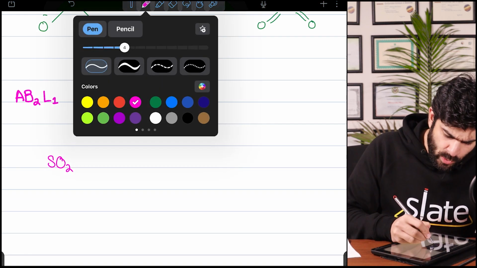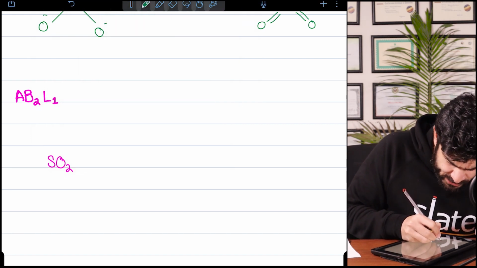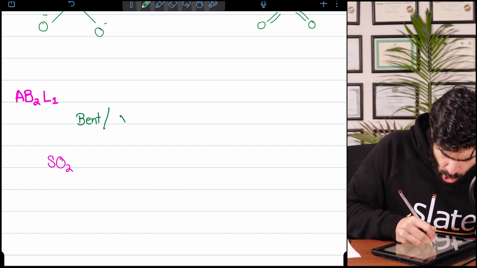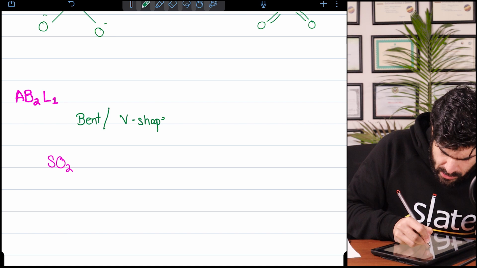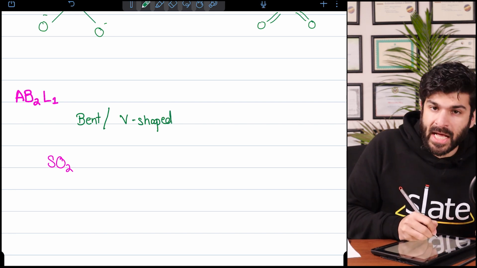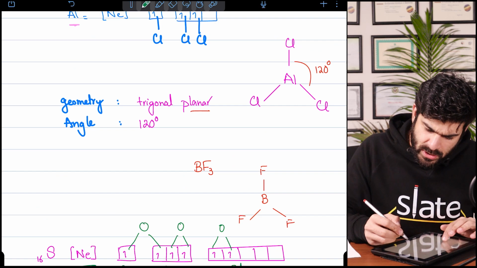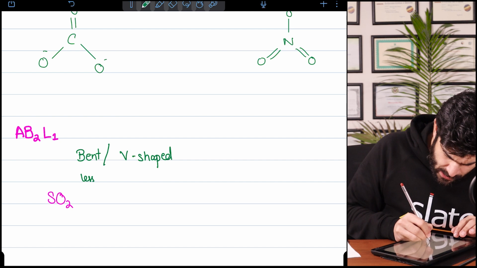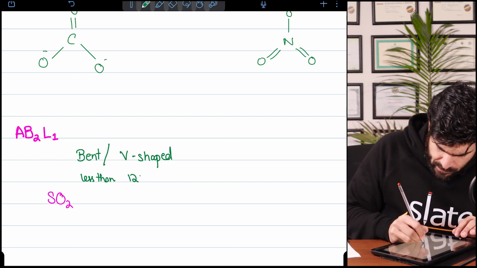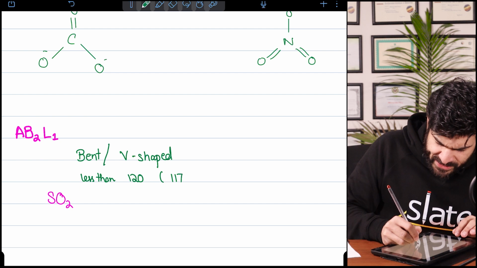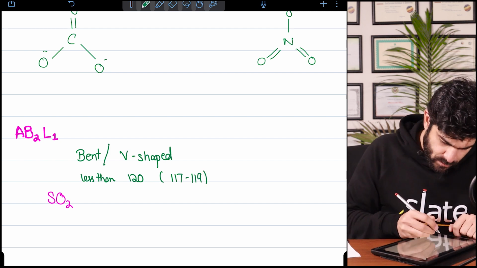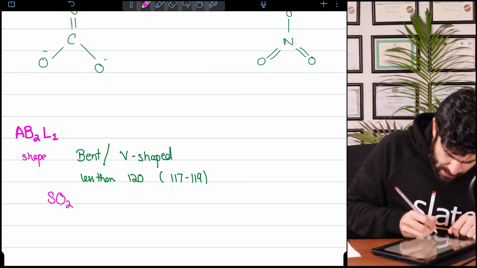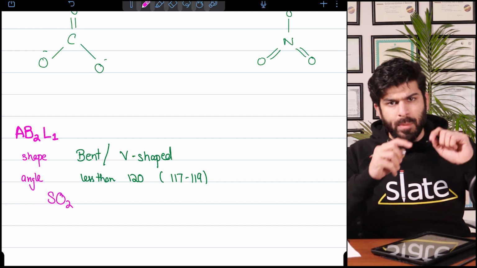But initially, let me tell you, this shape has a bent, or V-shaped geometry. And the angle, here the angle was 120, right? It would be less than 120. So 117 to 119, it's not fixed. Shape, angle.